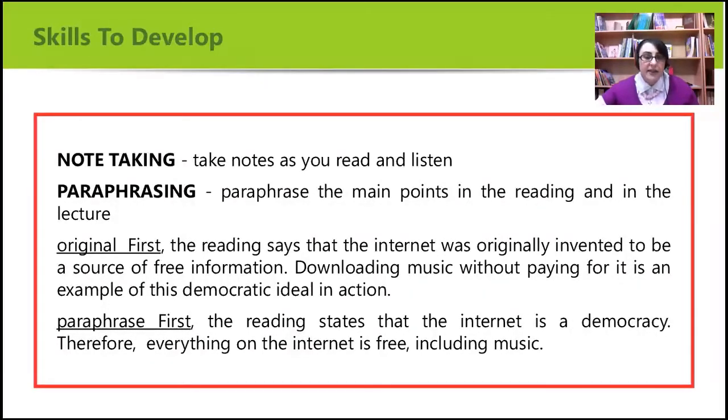Now this is the paraphrase version. First, the reading states that the Internet is a democracy. Therefore, everything on the Internet is free, including music. It is paraphrasing a bit, also summarizing. So in this part of the writing, you must combine both of them. Okay?